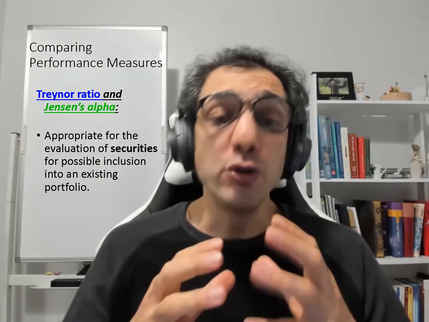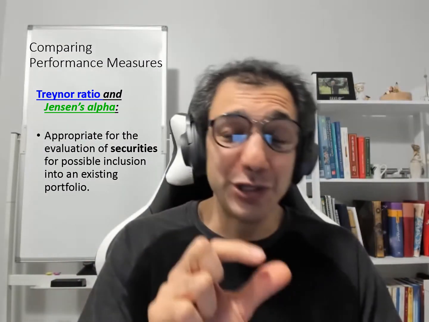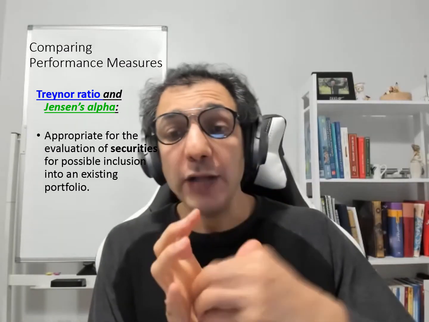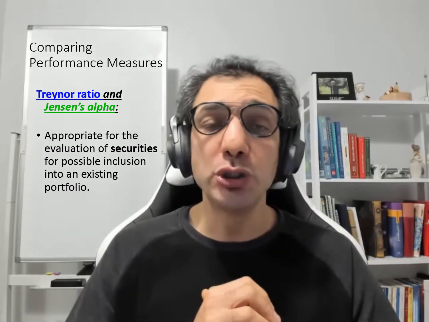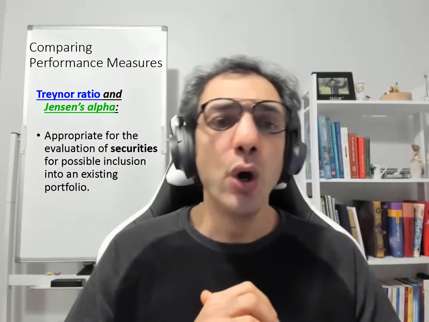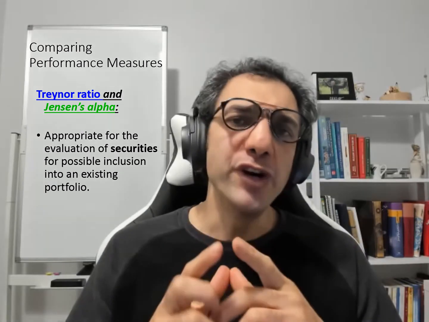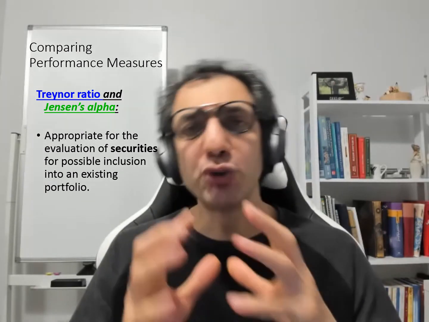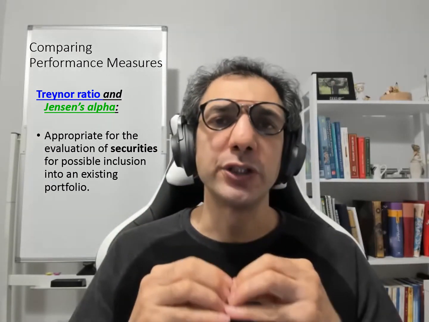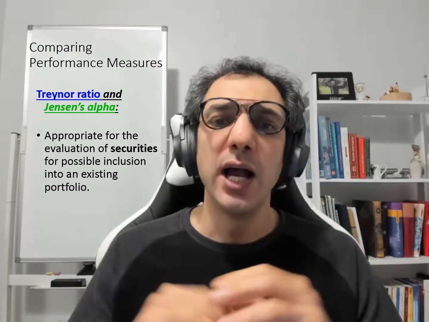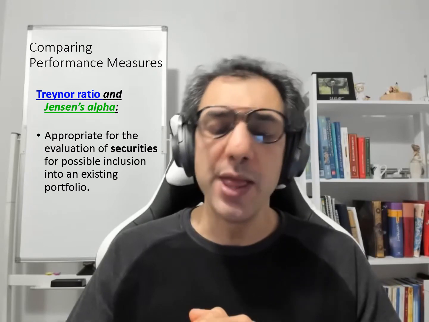However, if you are talking about the specific asset or securities or investments which you are going to add to your current portfolio, it's better to look at either Treynor ratio or Jensen's alpha. Both are very similar. However, the major difference here is that the Treynor ratio actually standardizes returns and includes the excess returns relative to beta.